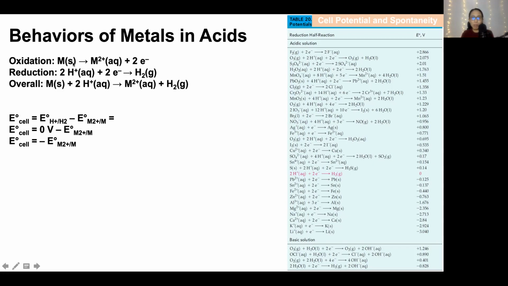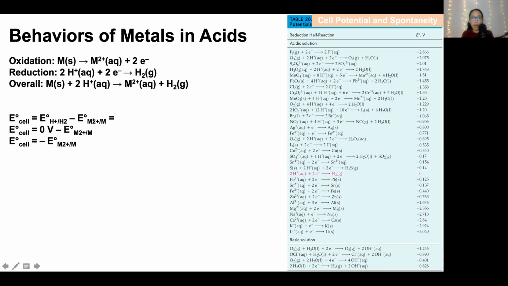Any metal will undergo oxidation. And then you have the reduction of your hydrogen ions in an acidic solution. So that will generate hydrogen gas. So your overall reaction will be this: your solid metal plus your acidic solution producing the ion of your metal plus hydrogen gas. Since the reaction produces hydrogen gas, you will actually observe bubbles forming in your test tube.